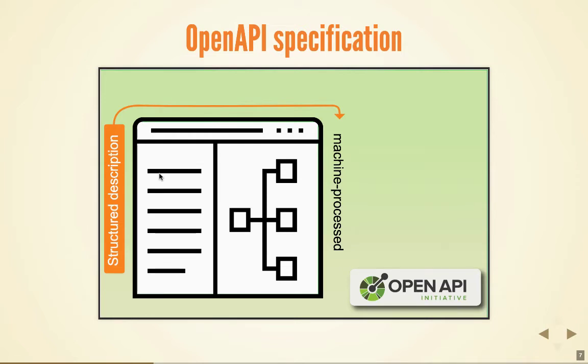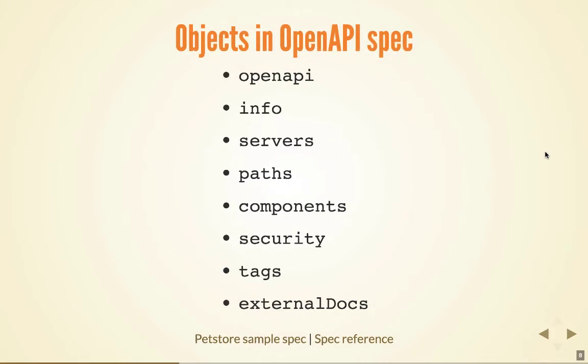But there are a lot of other benefits as well. But unless you have this structured description where people are consistently, predictably calling things by the same terms in the same order with the same structure, you can't really have any kind of machine processing behind it.